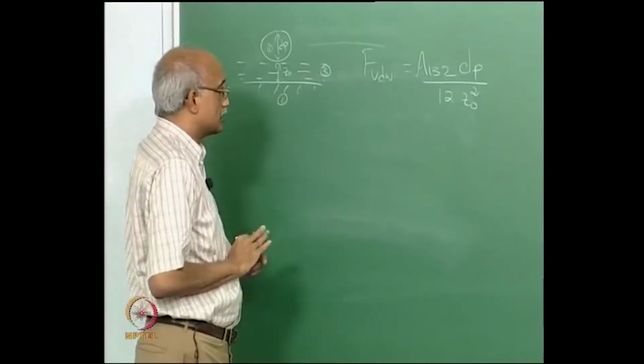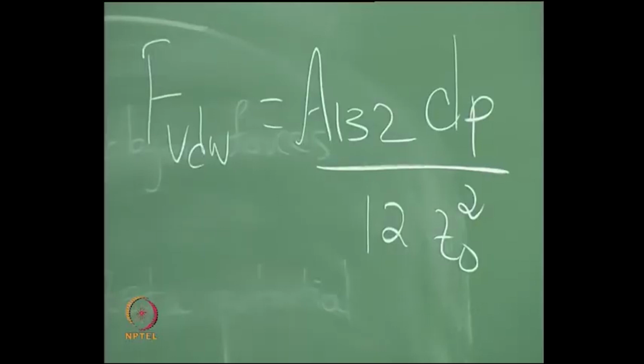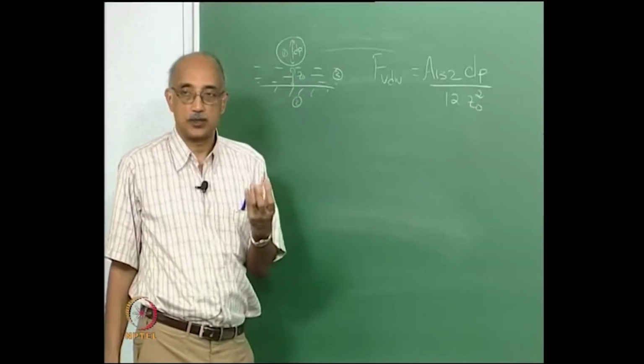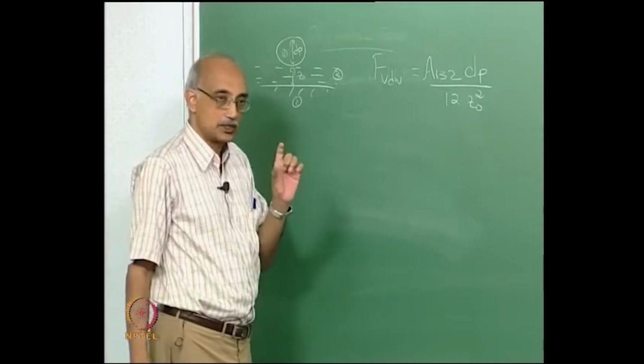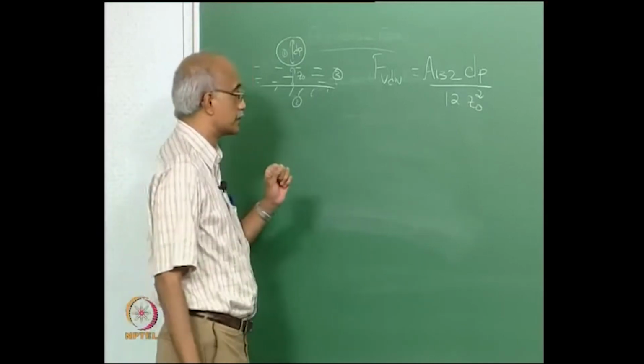So, in the case of a sphere interacting with a planar surface, the van der Waals force is proportional to the Hamaker constant, proportional to the diameter of the particle, and inversely proportional to the distance of separation between the particle and the surface.